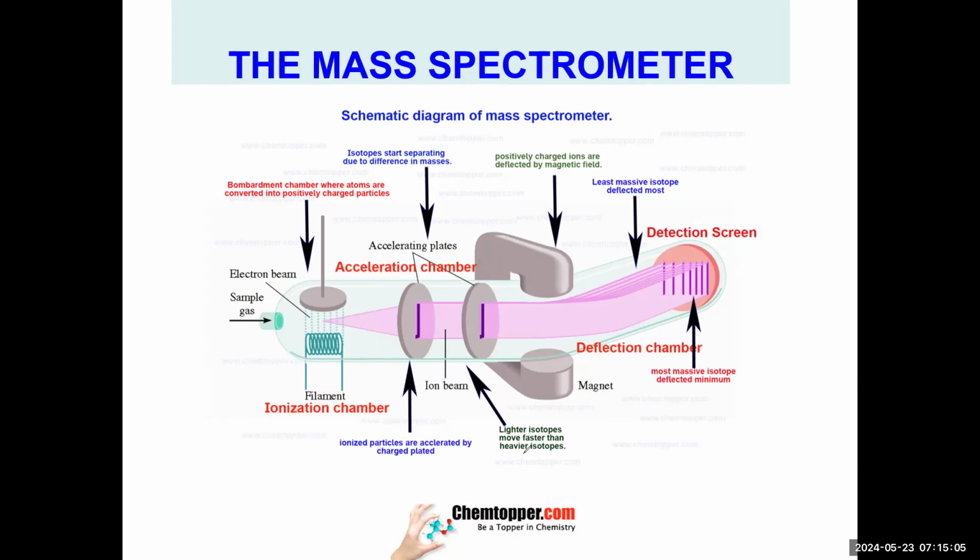And the heavier is less deflected, right? Then there is a detection screen. All the lighter particles will go and collide here. The heavier particles will go and collide here. The detection screen is connected to the computer, which will give you the information of the percent abundance and the mass over charge ratio.